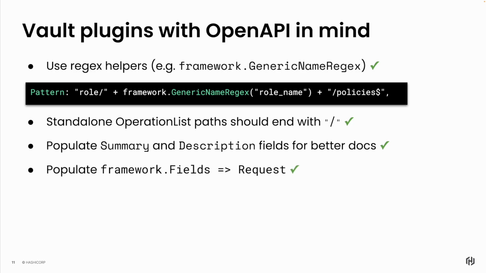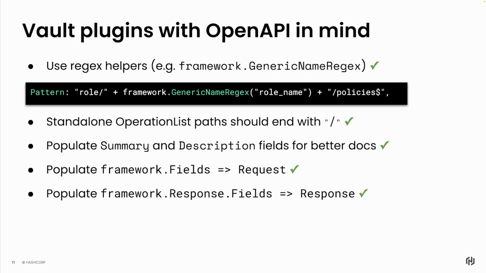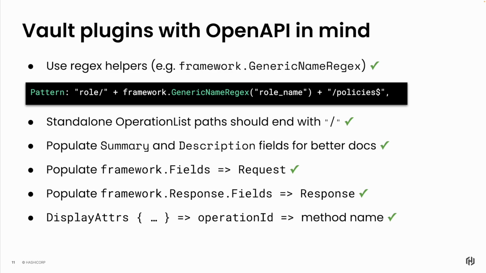The next three I'll cover in a bit more detail, but to summarize, framework.fields will map to a request object in OpenAPI, response.fields will map to a response object, and display attributes operation fields will map to operation ID, which in turn translates into a method name in the generated code.